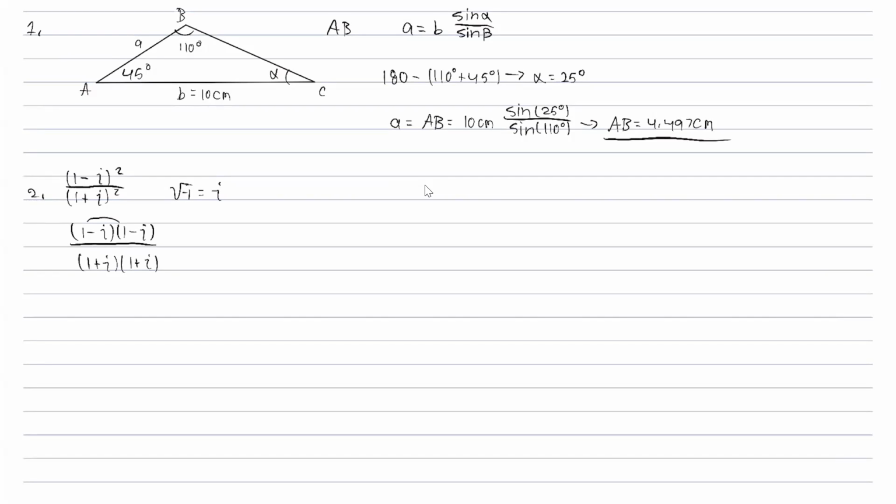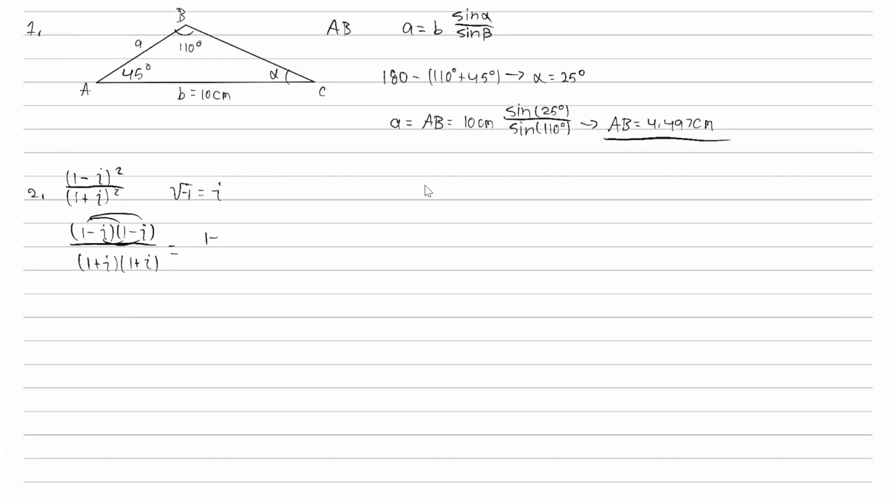You guys remember good old FOIL method, right? So you multiply the outer number of your first term with both the inner and outer number of your second term and vice versa. Does that make sense the way I explained it? You guys all know FOIL, right? Yeah, it's good. So distribute that.